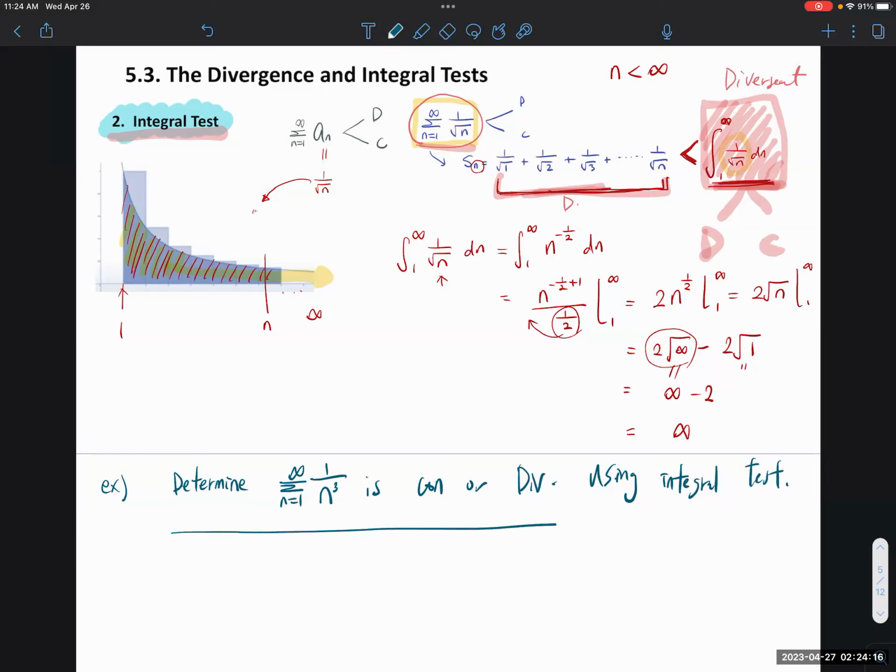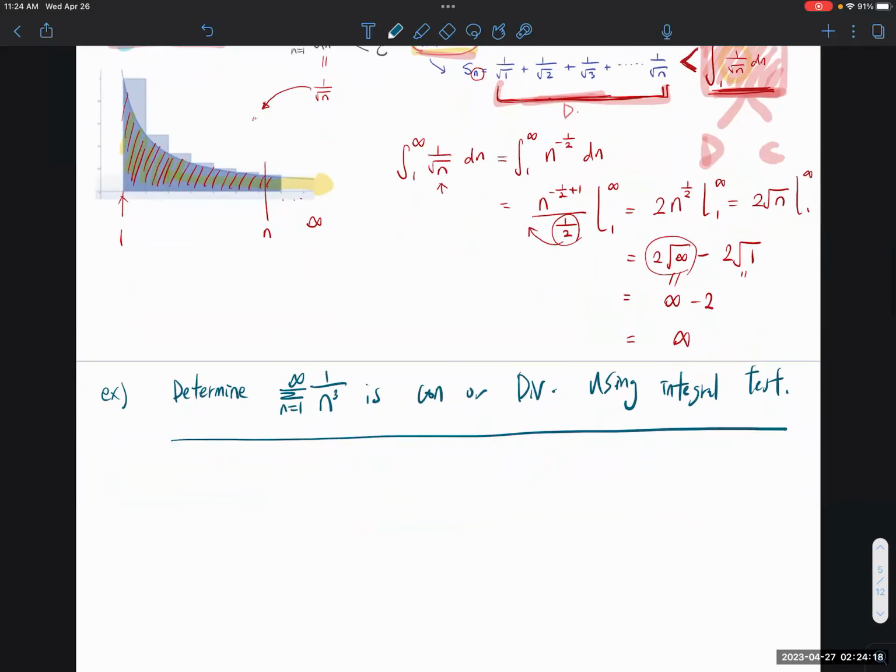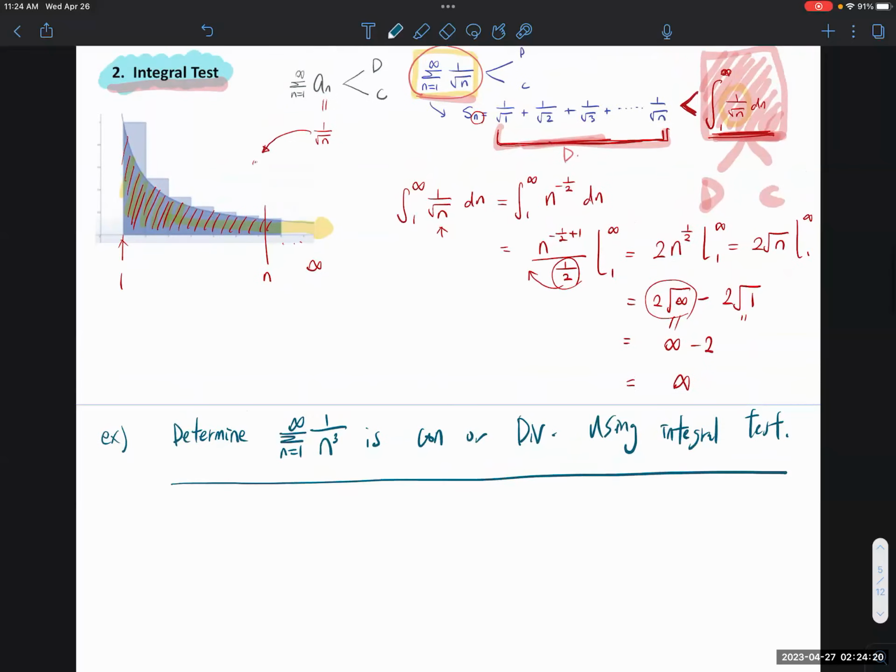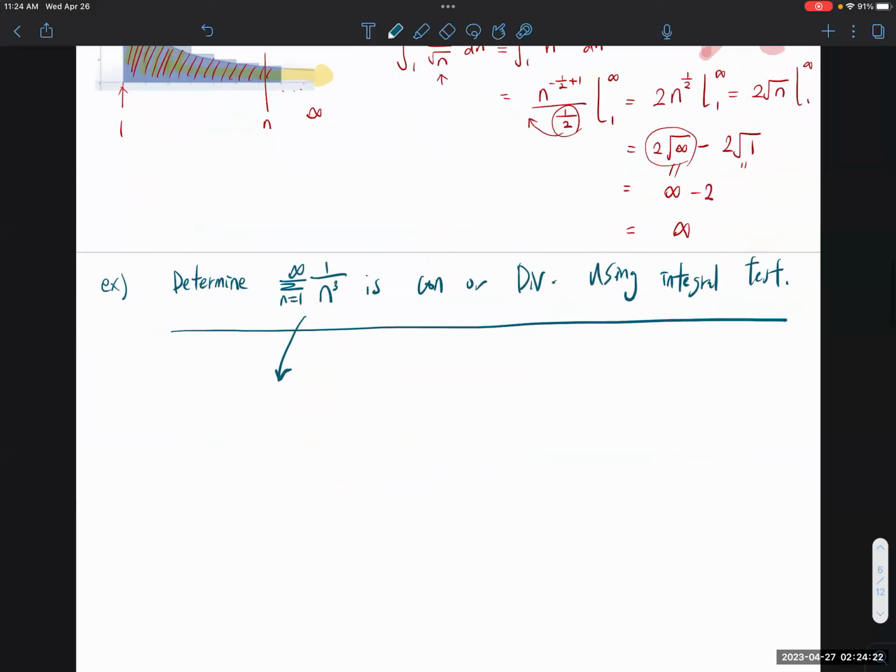So that's the question mark. If I write down a couple of partial terms of this series: 1 over 1 to the third, 1 over 2 to the third, 1 over 3 to the third, and let's stop at n to the third.